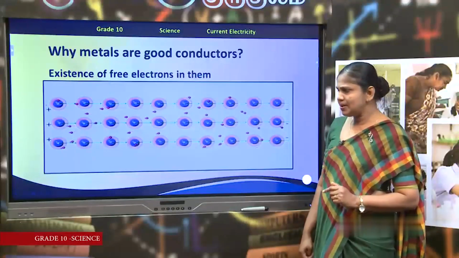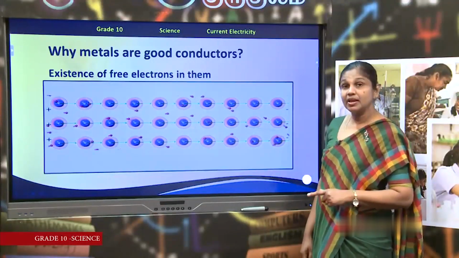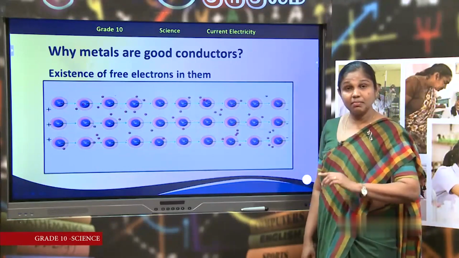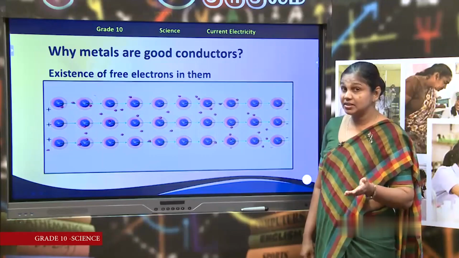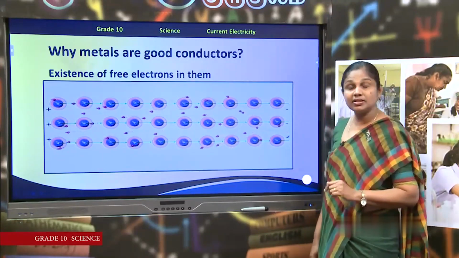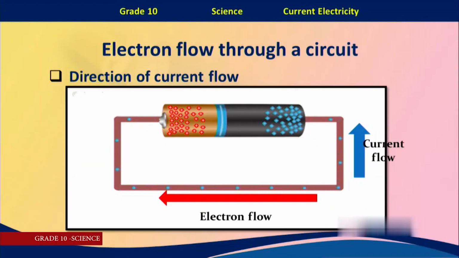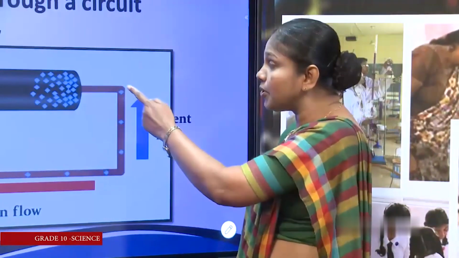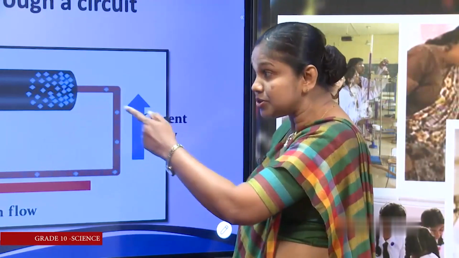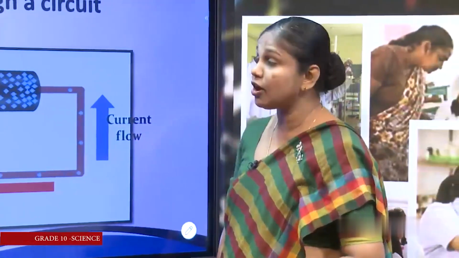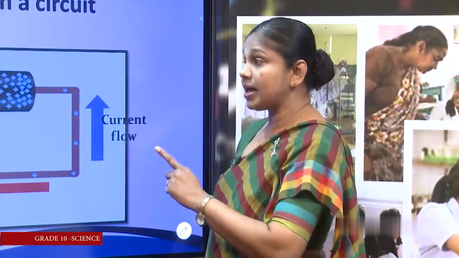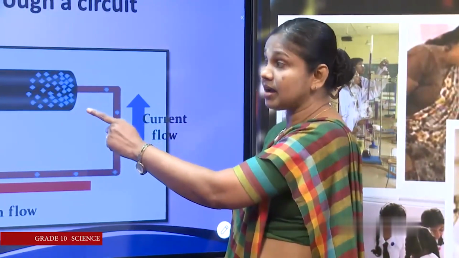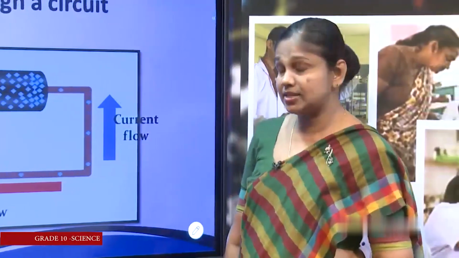Let us see, children, what will happen when this type of conductor, a metallic conductor, is connected to the two terminals of a power source like a dry cell. When a conductor is connected to the two terminals of a dry cell, electrons at the negative terminal start to flow through the conductor towards the positive terminal of the cell, because there is high electron pressure at the negative terminal of the dry cell.